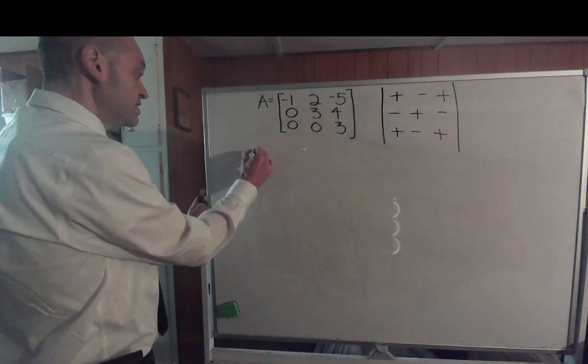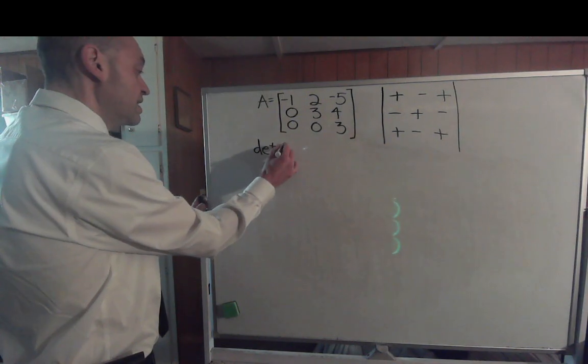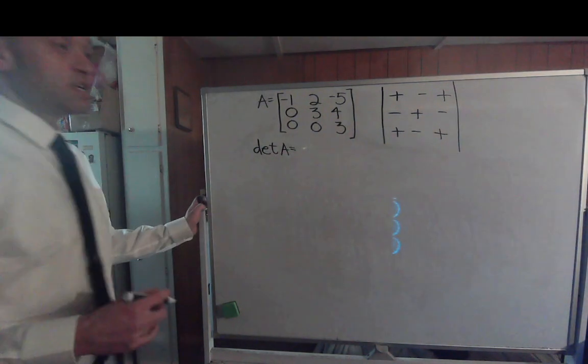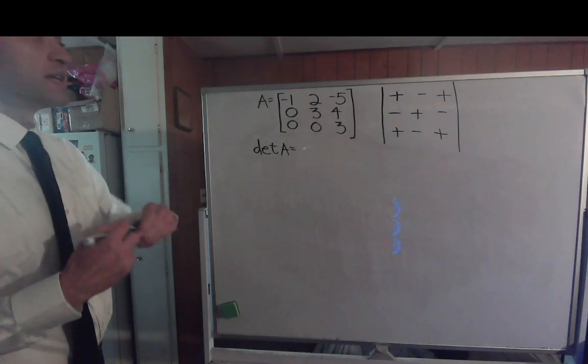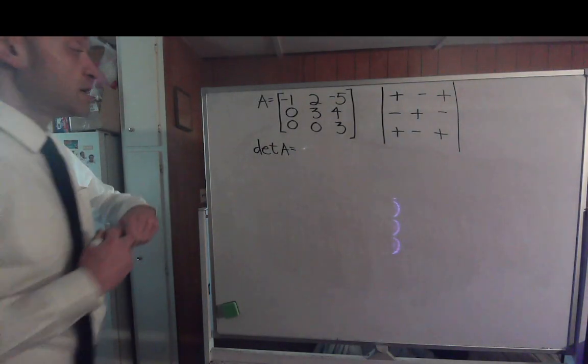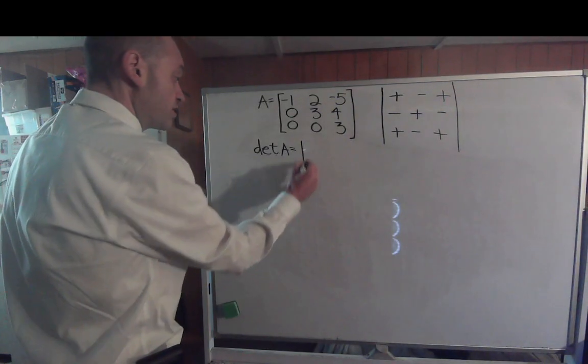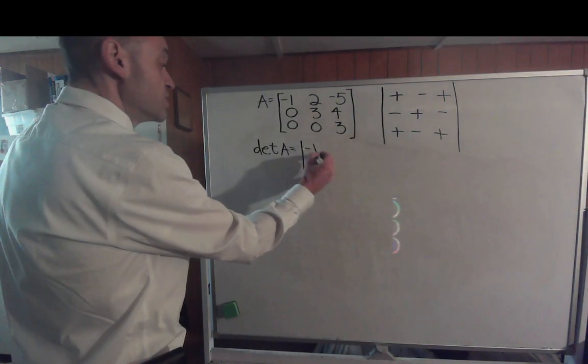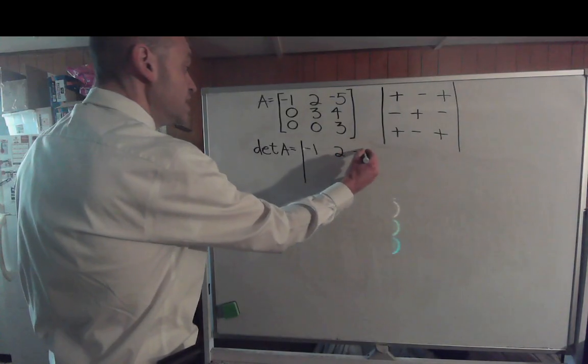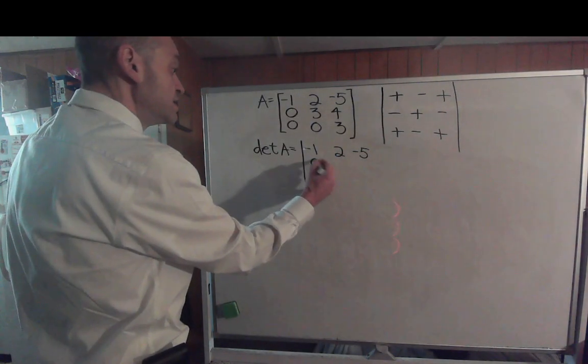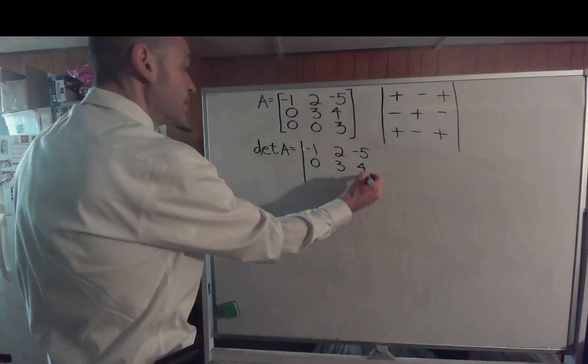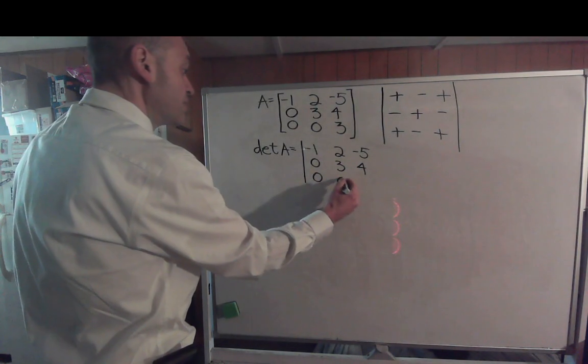So let's find the determinant of A. My recommendation is, let's go for the smaller number. Let's go for column 1. So first, we're going to write this in determinant notation. -1, 2, -5, 0, 3, 4, 0, 0, 3.